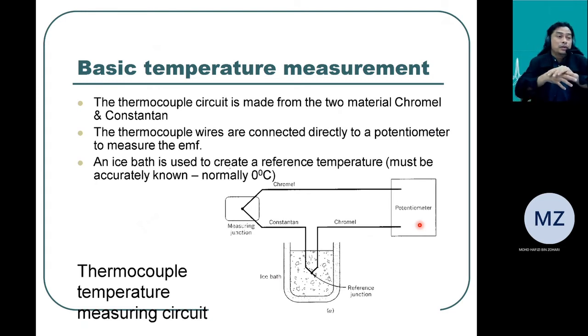Ice bath for sure creates a 0 degree temperature. And the other junction is used as the measuring junction. You can put it anywhere you want to measure. That temperature difference creates EMF, making it possible for current to flow and voltage to increase, and it can be measured by the potentiometer.